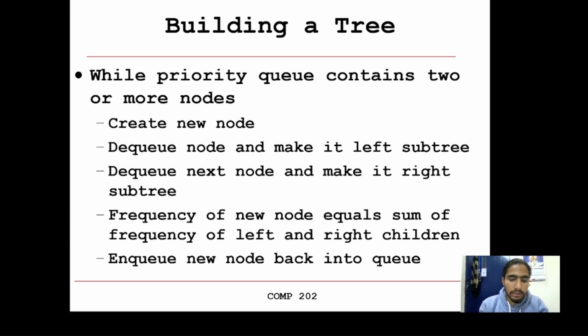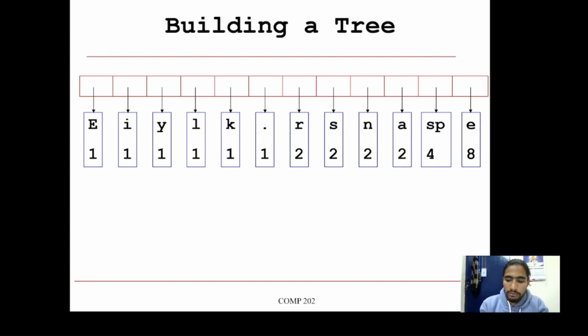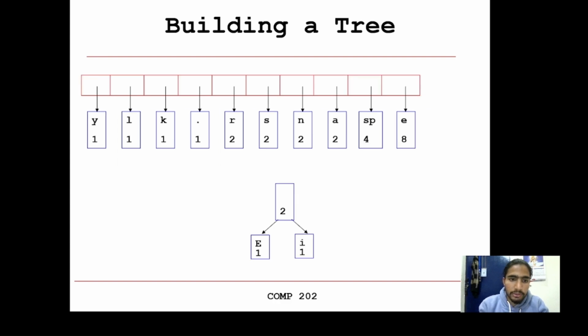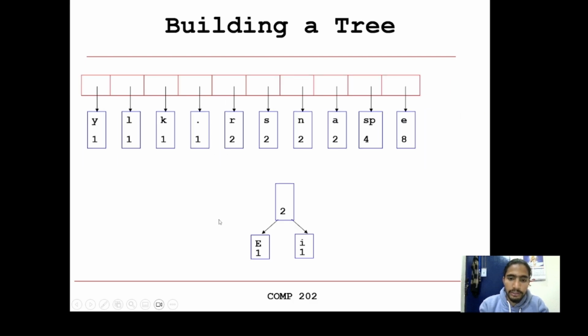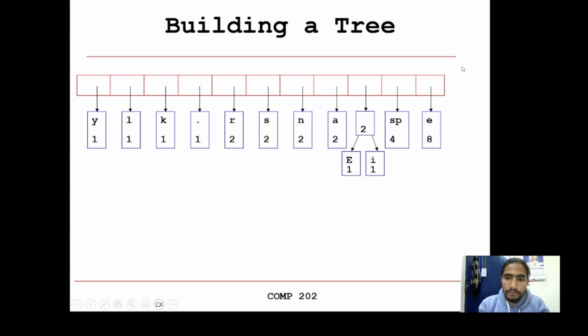Here is a visual representation. We dequeue two elements or two characters, E and I, and make a binary tree. Here is the sum of the frequencies of E and I, which is 2, and we enqueue this again in the priority queue like this.